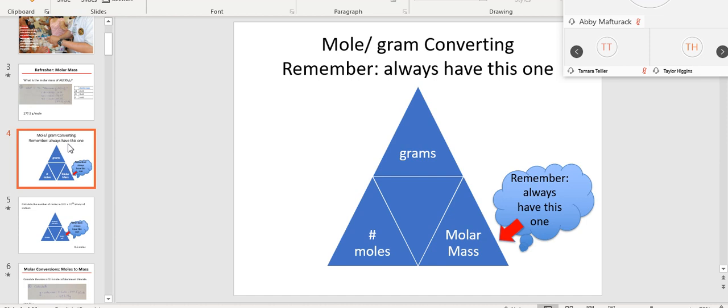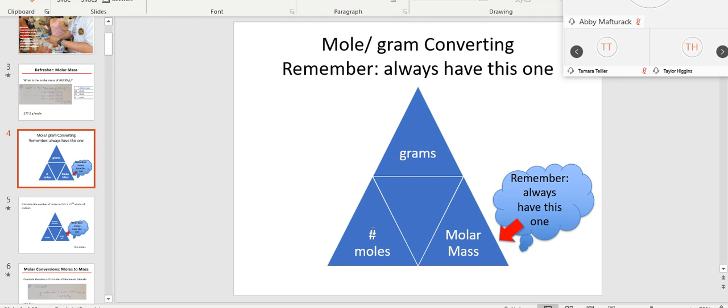It's interesting to note that you always have this one. So I'm only ever going to be asking for this or this. Which means if I'm asking for grams, I have to give you the number of moles in some way.